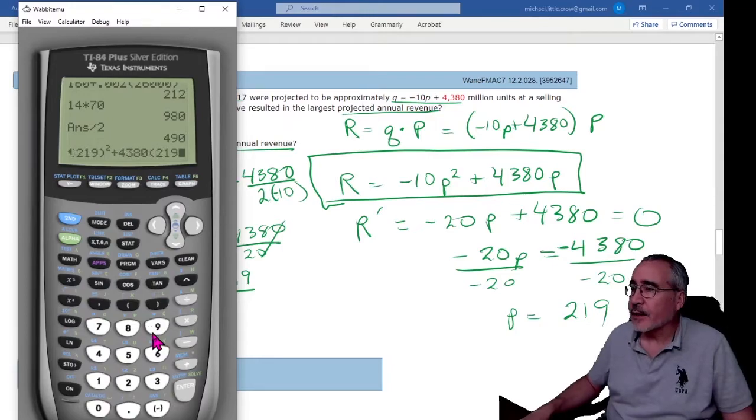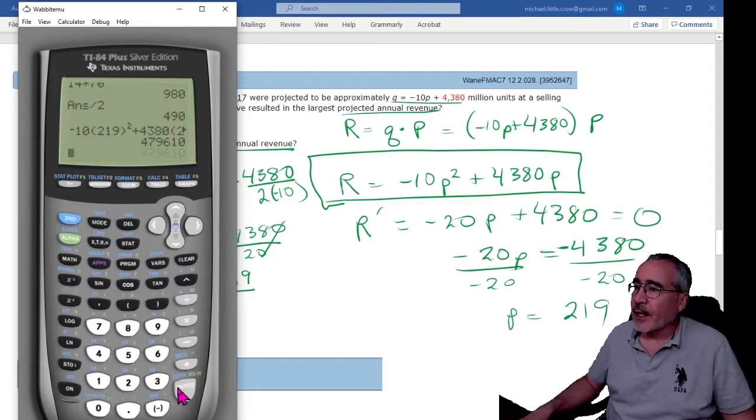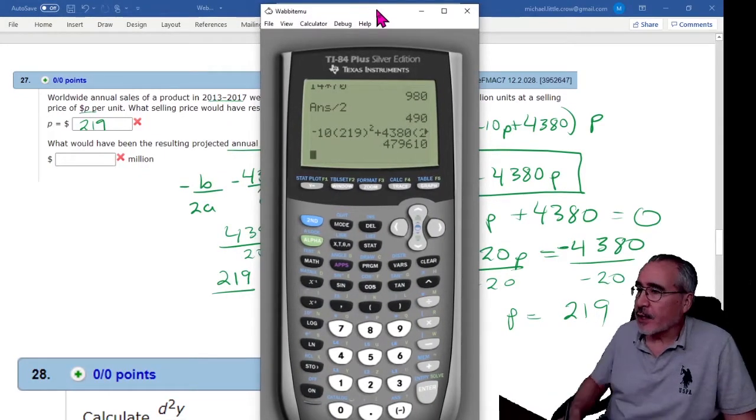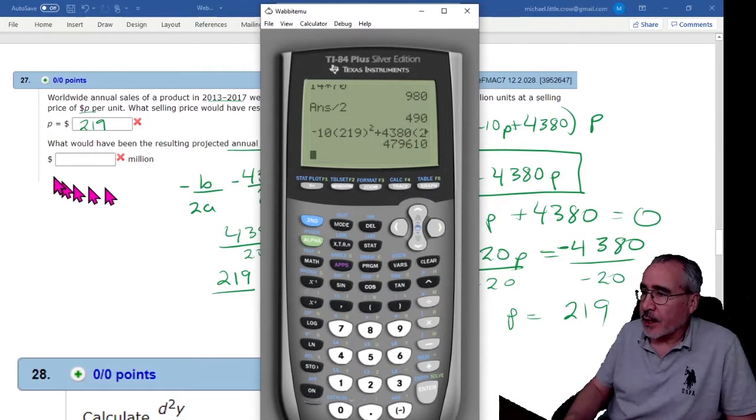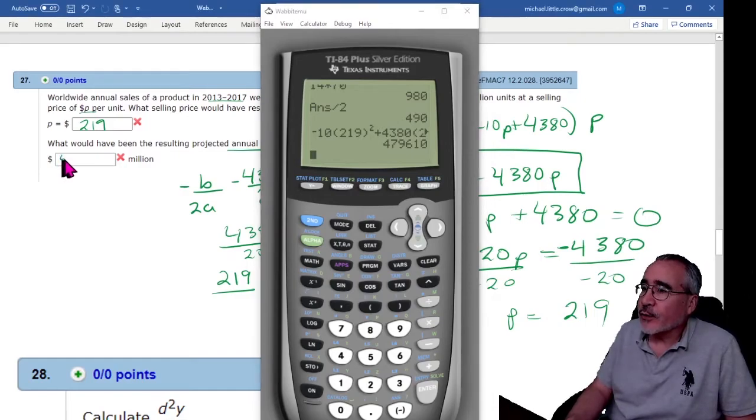I'm just plugging in the price each where it's supposed to be. And we made $479,610, which sounds like a good deal. But again, it does depend upon what our costs were.